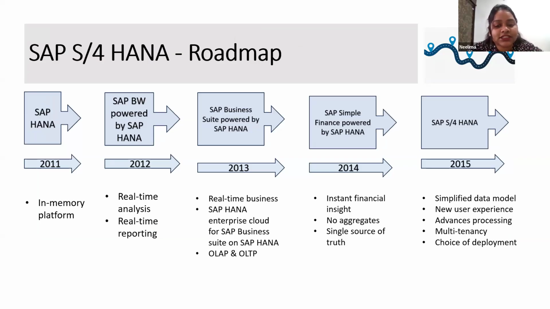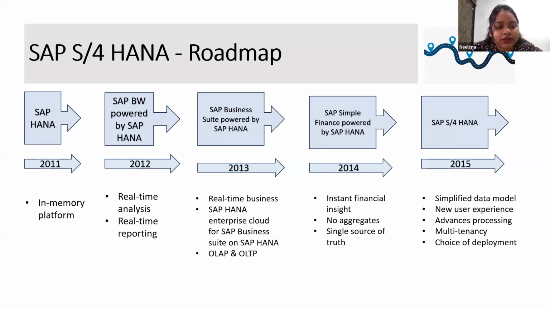It starts in 2011 with SAP HANA, introduced as an in-memory database platform, which means data was stored in memory instead of traditional disk storage, making it much faster. It also avoided the complex storage of data and data latency from shifting between systems. All this was reduced when the HANA database came into the picture.